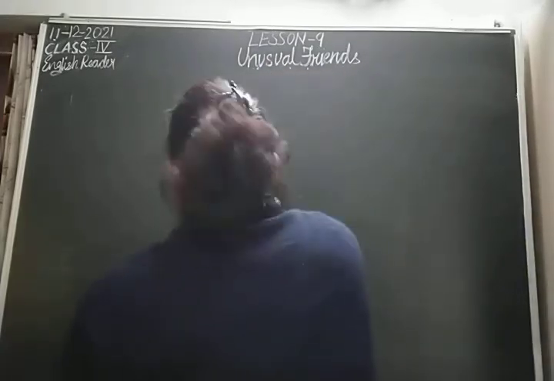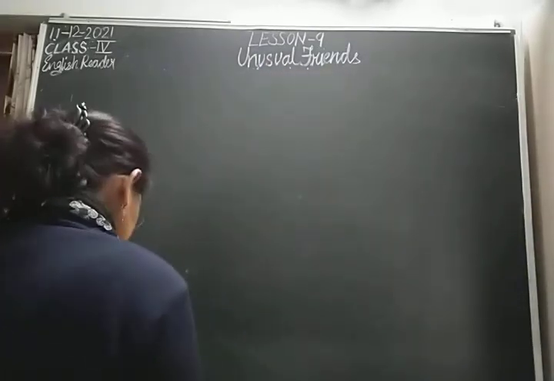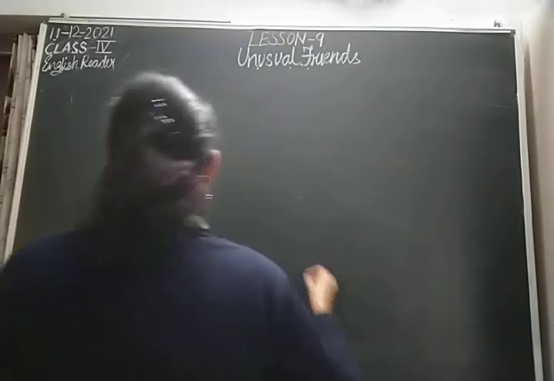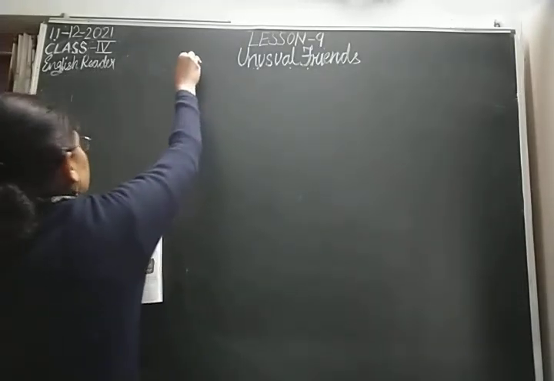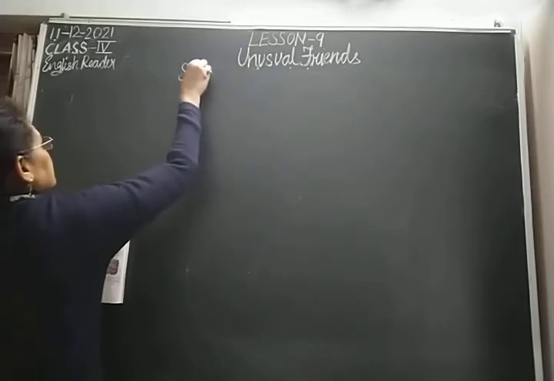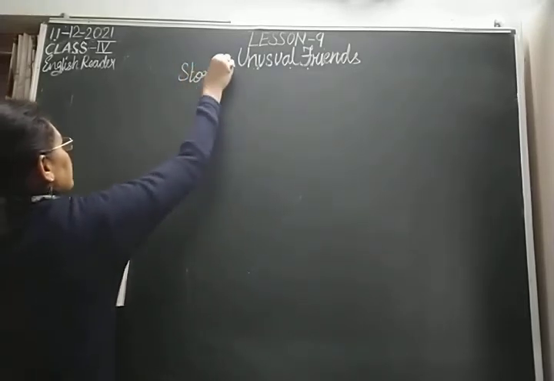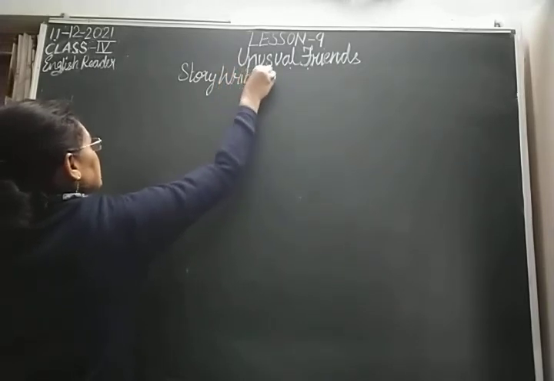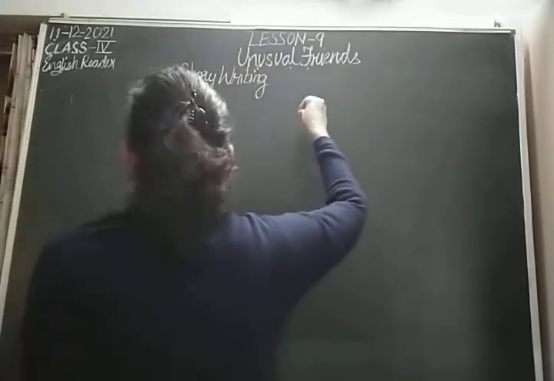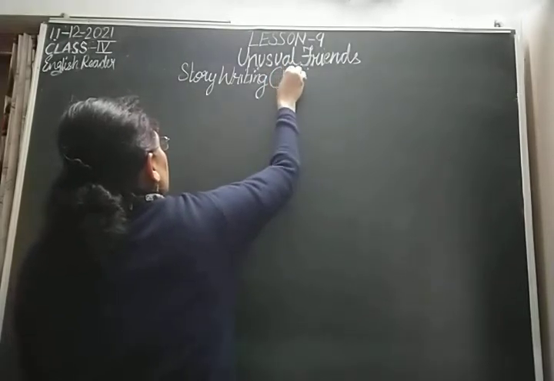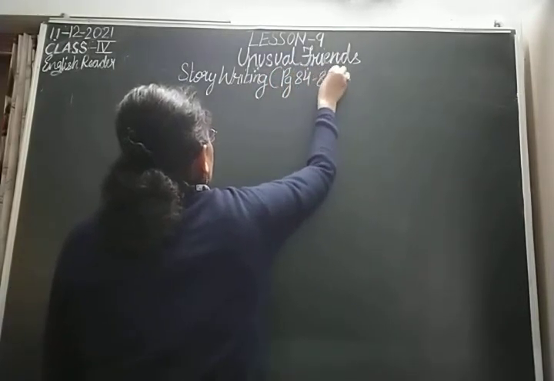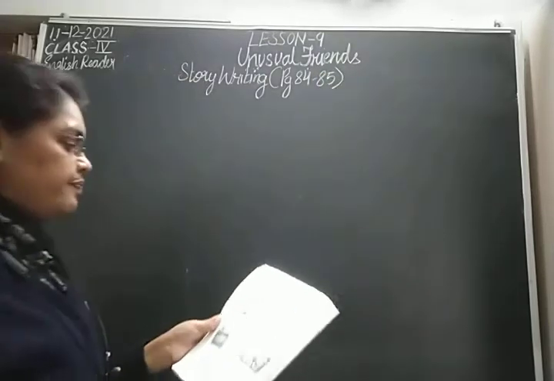Clear? Now children, let's start with the creative writing. And creative writing is the story writing, page number 84, 85.